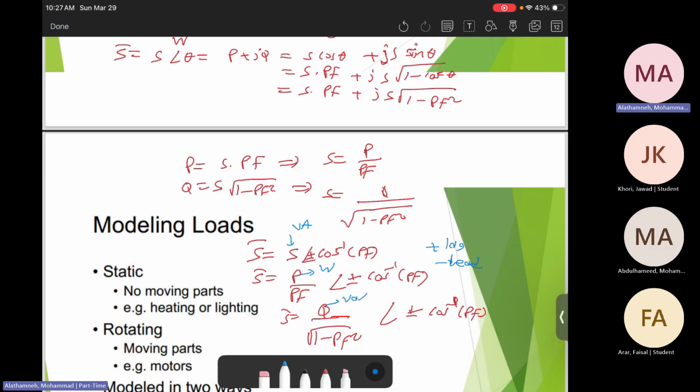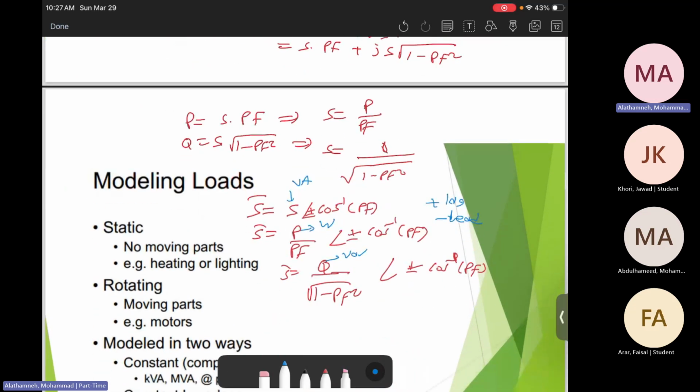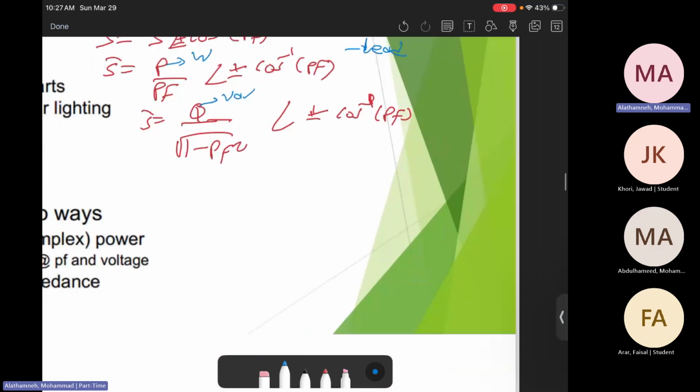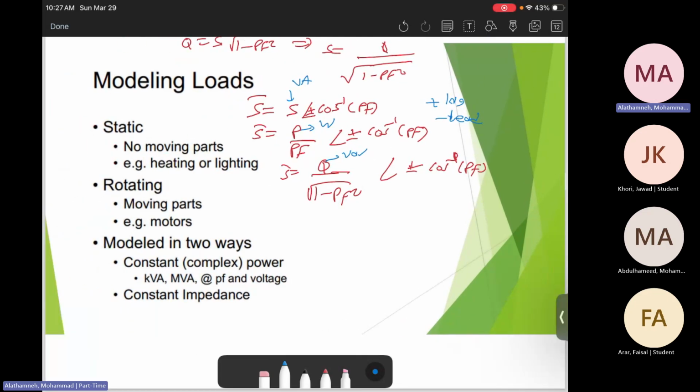Now, how can we calculate the R and X, which is the series format? Assume that after finding S bar, we need to convert it to rectangular coordinates, P plus jQ.